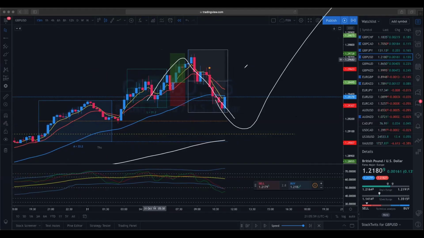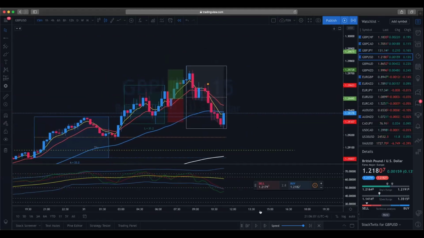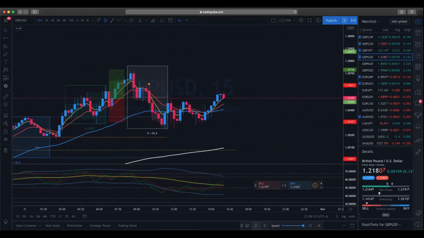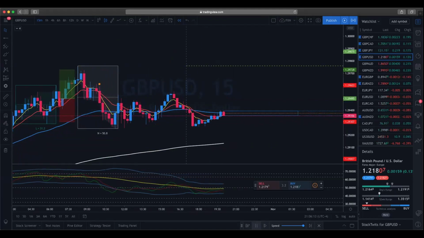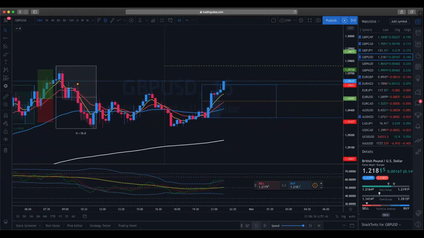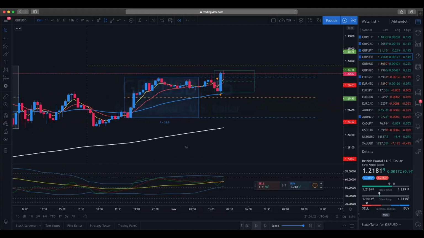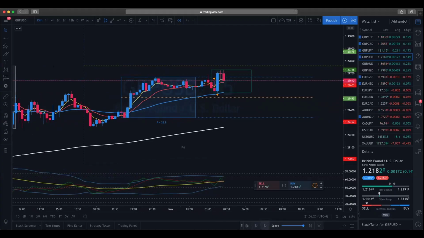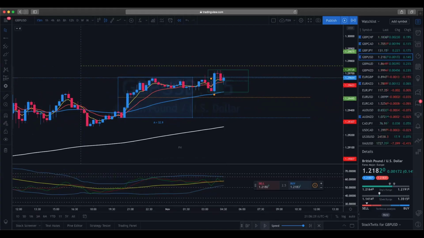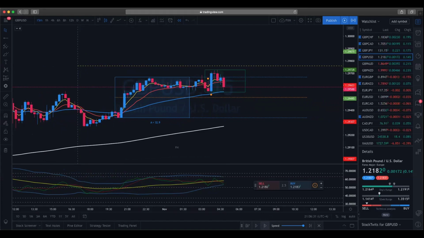This is a 32 pip Asian range, and this is Friday, remember that. Unless you get a really good pattern, it doesn't make sense to trade on a Friday.